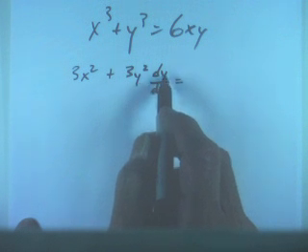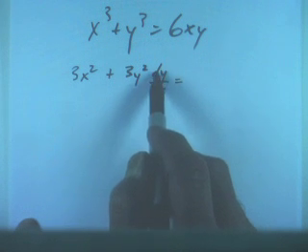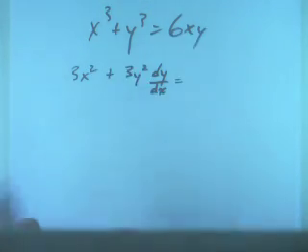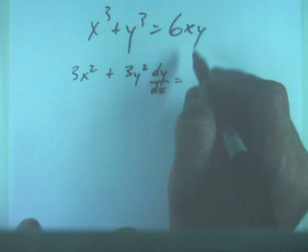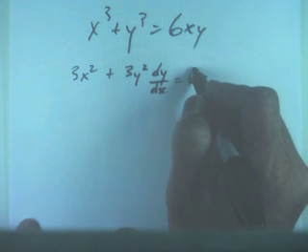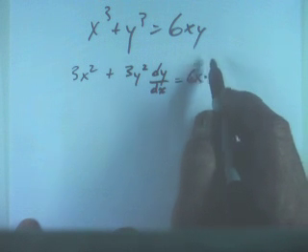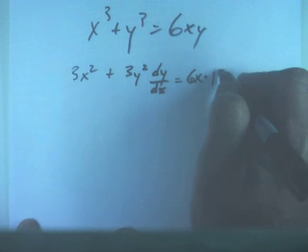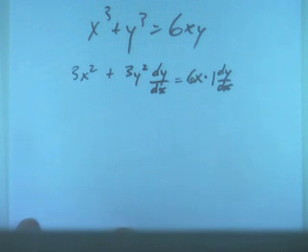We're taking the derivative of the inside function, the y. Or we could use the y prime symbol here. Now on the other side of the equal mark, in this particular example, like I said before, we need to use the product rule. So we'll take 6x and multiply it by the derivative of y. Well, the derivative of y is just 1, but remember, anytime we differentiate a y term, we'll throw in a dy dx when we're using implicit differentiation.